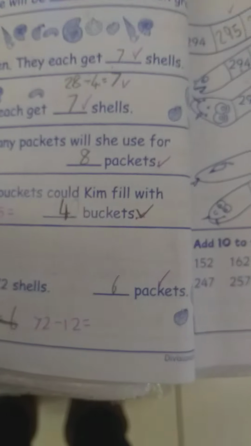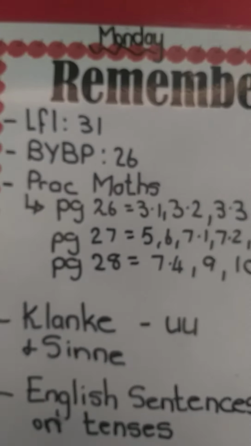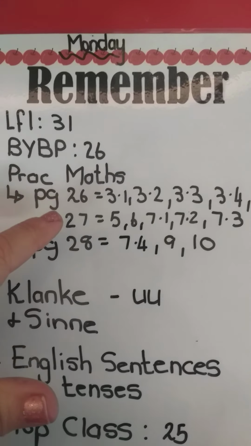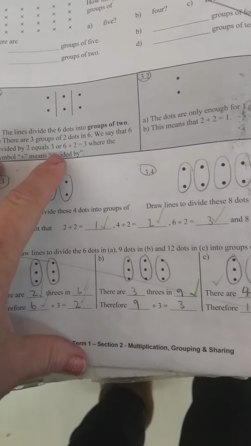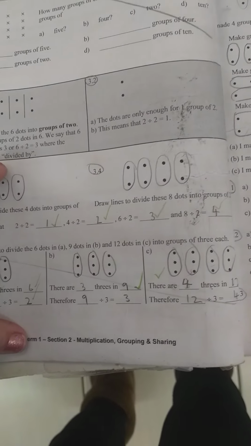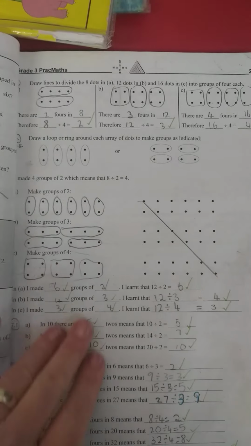And then we're doing quite a bit of prac maths: pages 26, 27, and 28. For page 26, this part here underneath the grey shaded area, as well as page 27, I will work through with the children, so we'll just work together step by step.